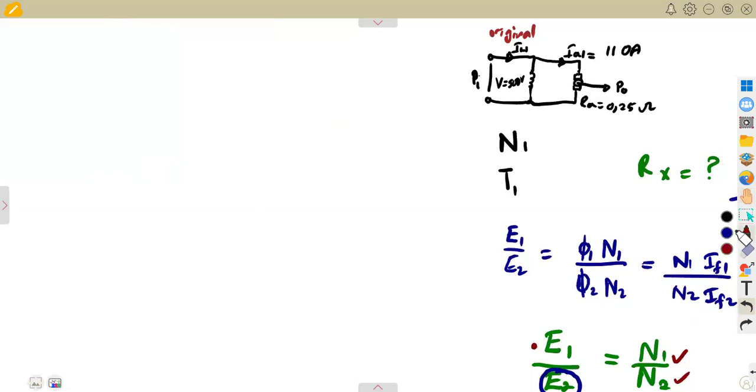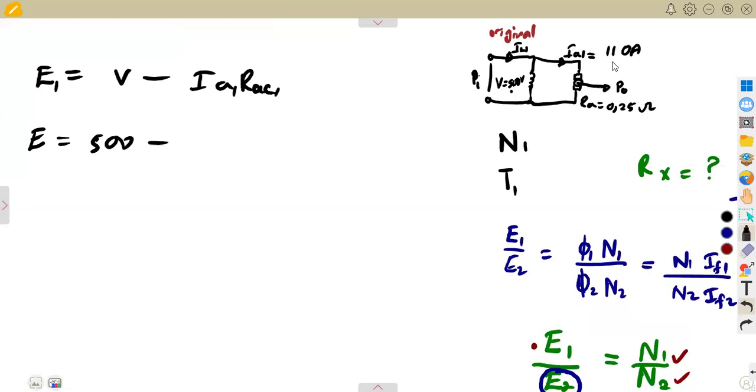All right. The generated EMF, remember, the formula is not going to change. The generated EMF is always equal to V minus armature current times the resistance of the armature circuit. Considering a motor, you're going to subtract. We have got the V, so we can calculate E1. We have got the voltage of the supply, which is 500, minus the armature current of the original circuit, which is 110, times the resistance of the armature circuit.